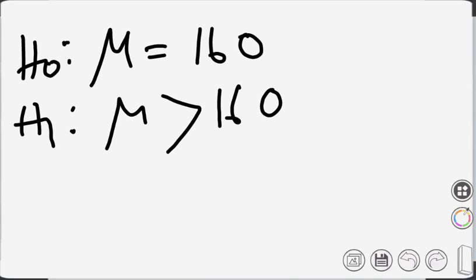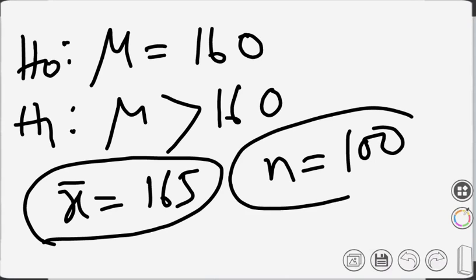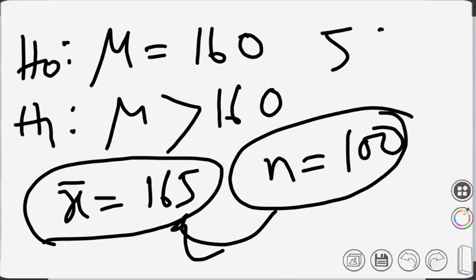What we have with us is the sample mean x bar, which is 165, and the sample size n, and with this information we will try to test at 5% level of significance.